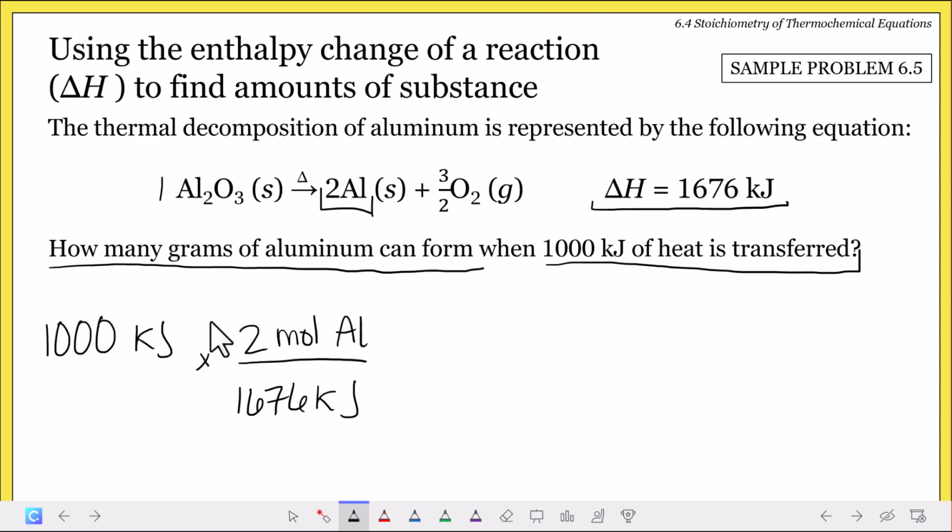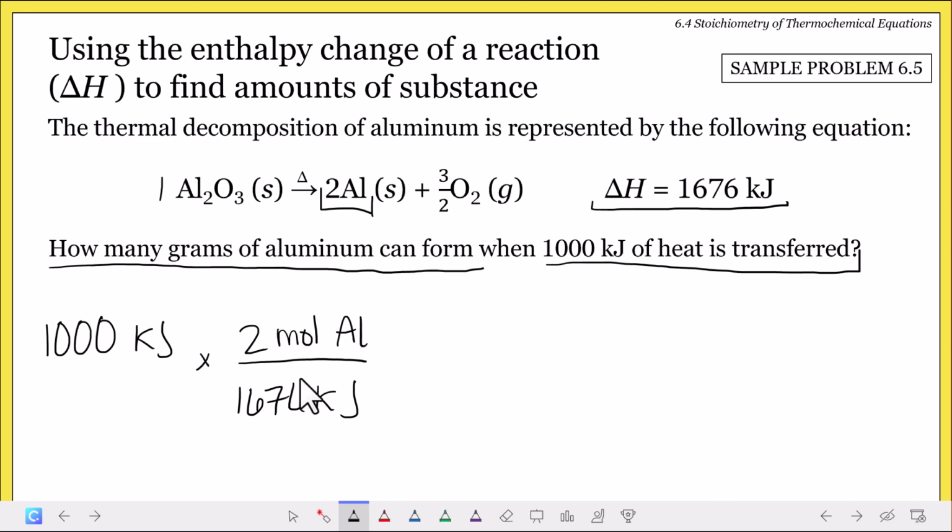Here's our thermochemical equivalence: for every 1,676 kilojoules of heat that enters this system with these respective amounts of each substance, I can decompose 1 mole of aluminum oxide into 2 moles of aluminum and 1.5 moles of oxygen gas.